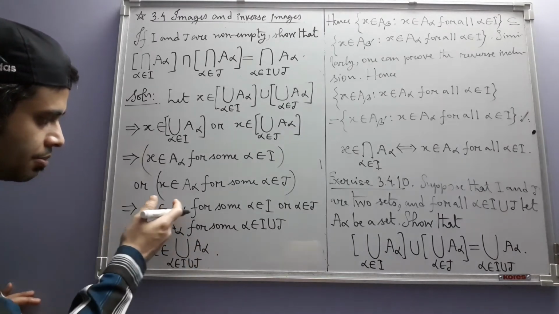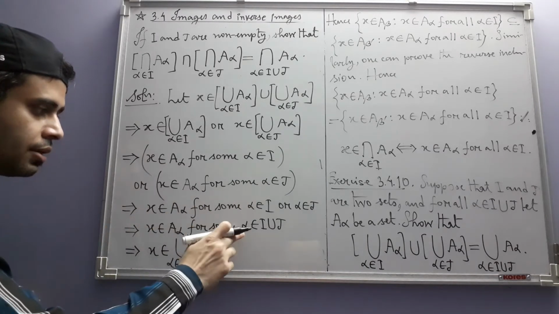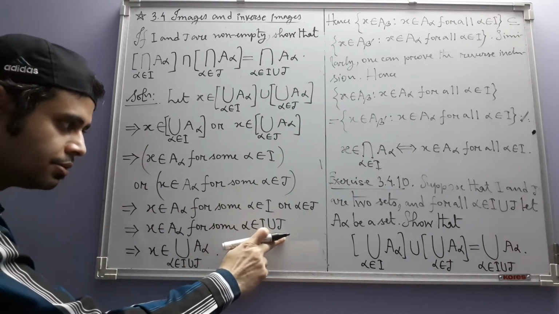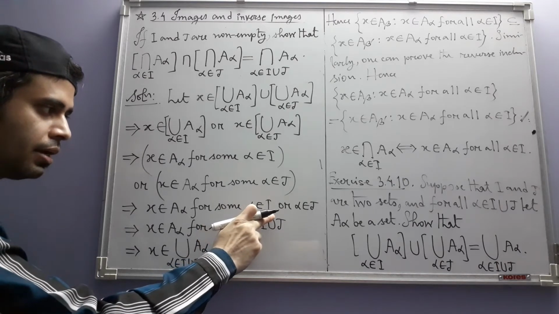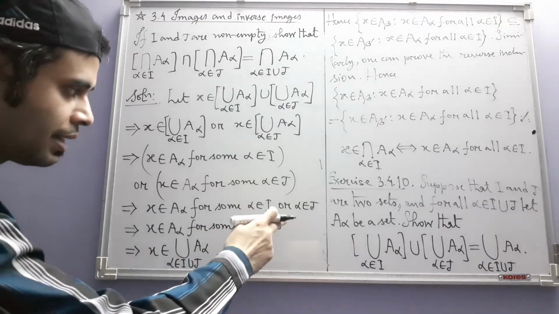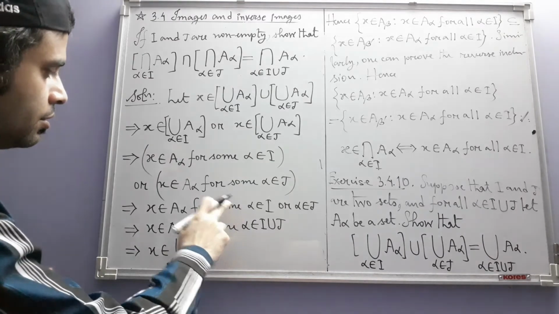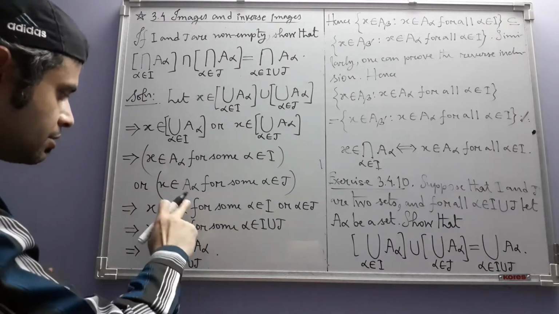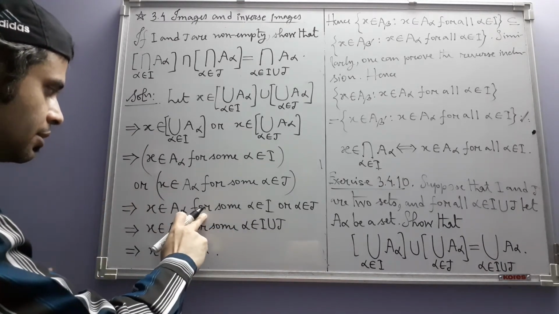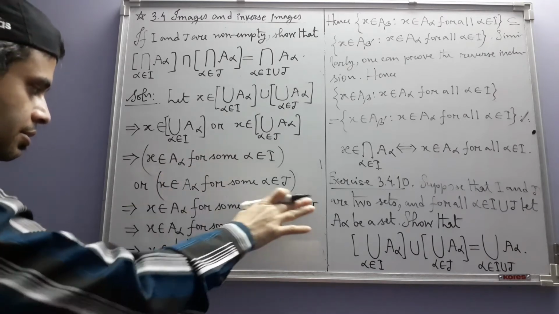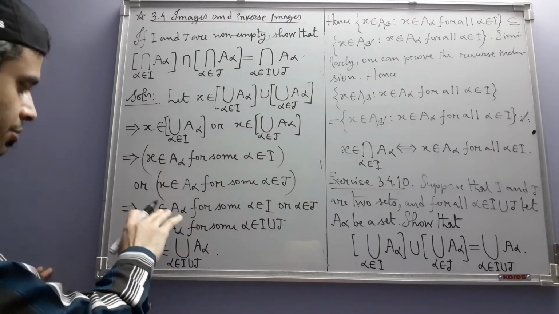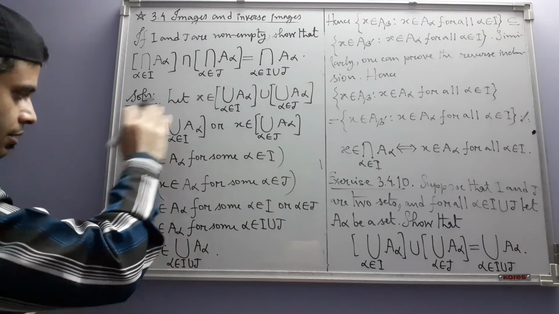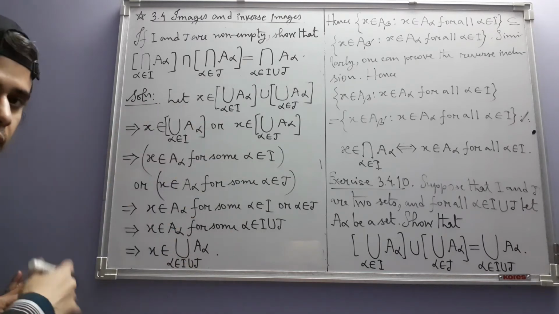That means x belongs to A alpha for some alpha. Since alpha is in this union, alpha will either be in I or in J or both. So from this you get this. From this we can write this statement like this.